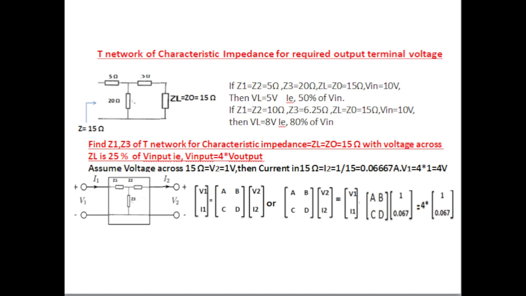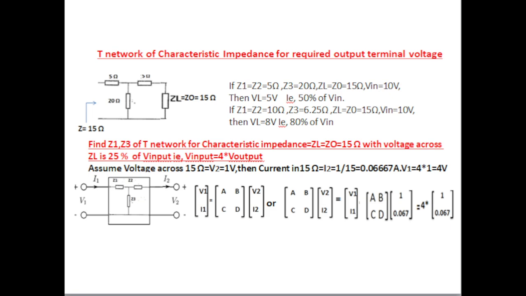You see here the T network, with its ABCD parameters. Matrix V1, I1 equal to ABCD matrix into V2, I2. The same can be written like that: ABCD matrix into V2, I2 matrix equal to V1, I1.